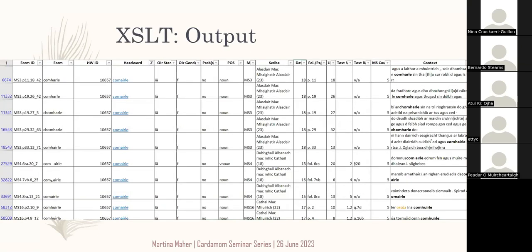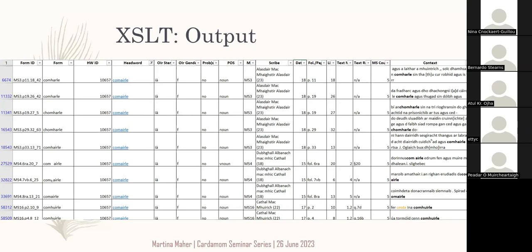So this here is a very, very tiny extract from our full corpus spreadsheet. That again is something that we could generate using an XSLT style sheet. As you can see from this tiny snippet, it does offer a significant amount of bibliographical, contextual, and morphological data for each specific form.